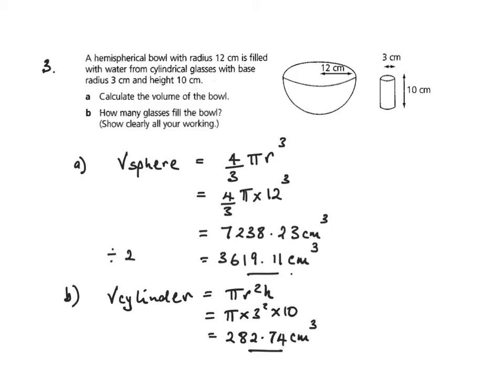Now the last thing that we have to do is to divide the larger by the smaller, so 3619.11 divided by 282.74 gives us 12.8. Now I suppose we have to round that down to 12 glasses.